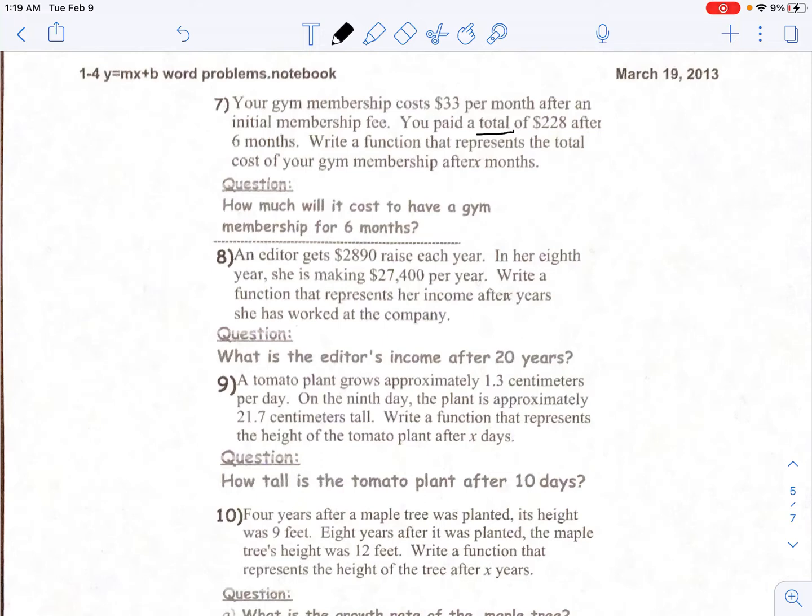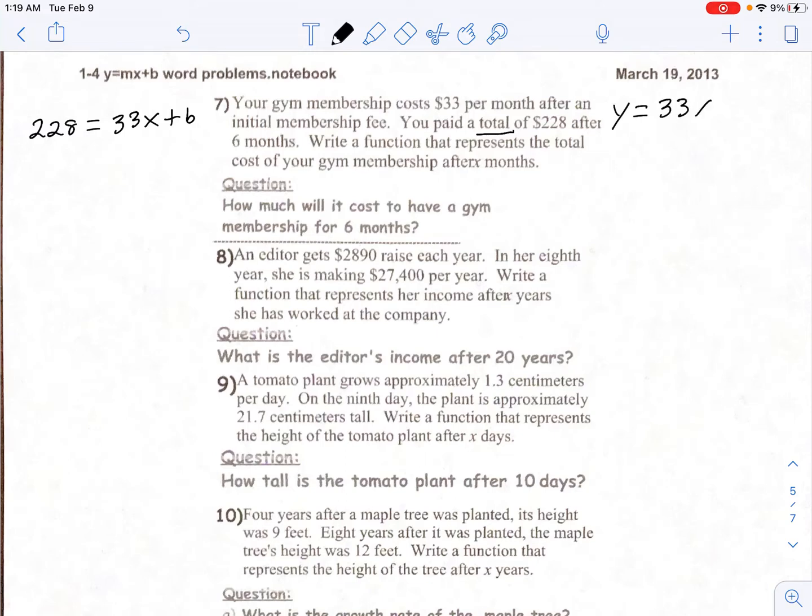So if you paid a total of $228, okay, in writing the equation, that actually goes in right here for the total. All right. The rate is $33 per month. Okay. Now what we don't have is the initial cost.